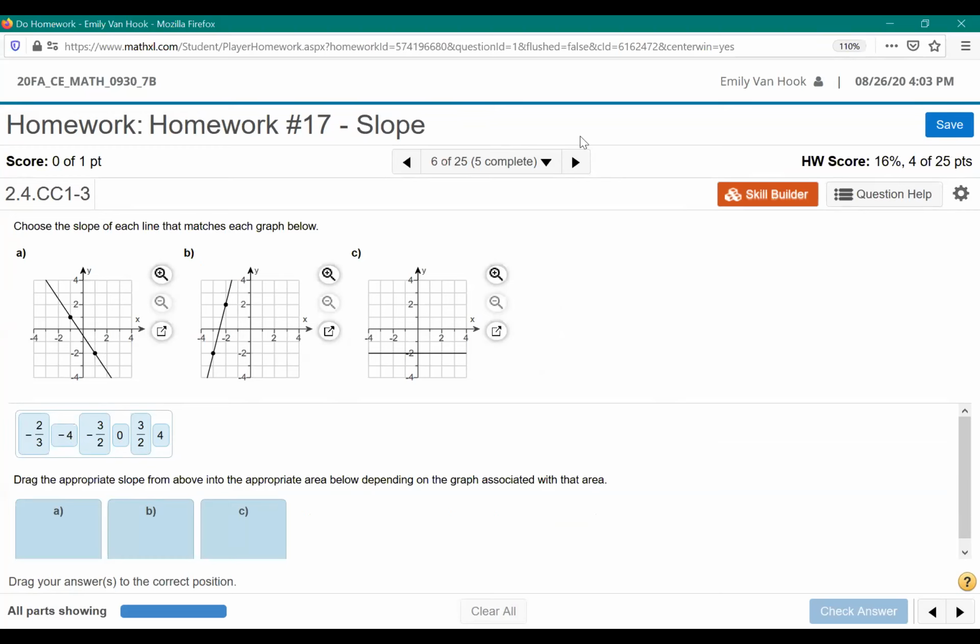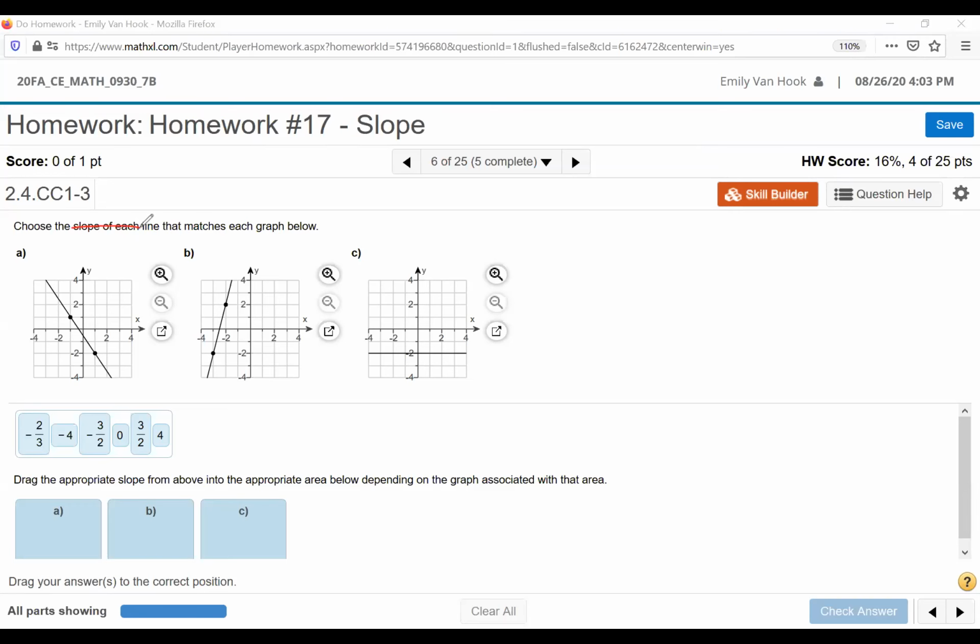The first graph, this A graph here, let's see if we can find the slope. Okay, so I have these 2 points labeled. I think we can do this just by counting rise over run. So my line is going down from left to right. Let's count rise over run. So if I'm going down, it's 1, 2, 3, and then over 2.